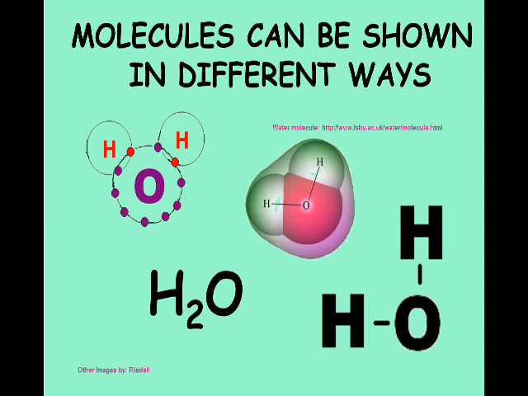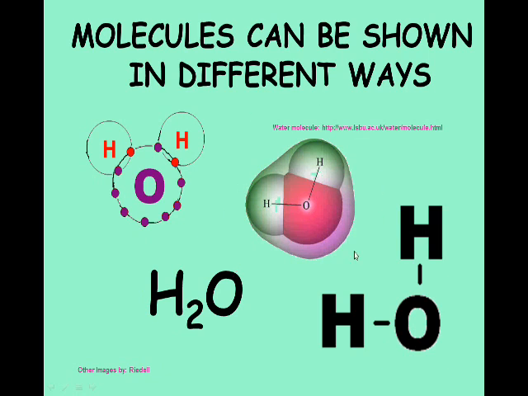Molecules can be shown in lots of different ways, and the way we show it kind of depends on what we want to know about that. So for example, one way to show a molecule is this way. If I just want to see what goes into my molecule and how they're hooked together, I can show it in a little stick figure. Hydrogens attach to the oxygen to make a water molecule. Maybe I don't really care how they're attached, I just want to know what's in there. And I can write a chemical formula like this, H2O.